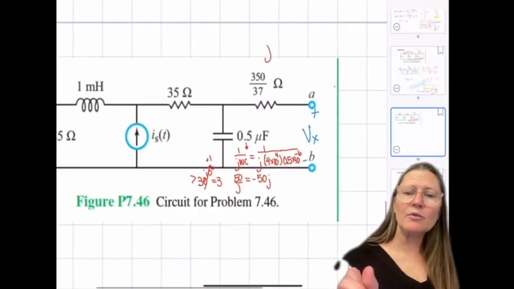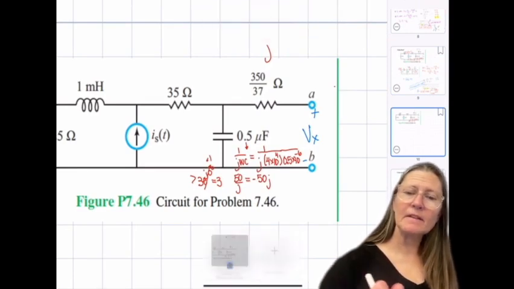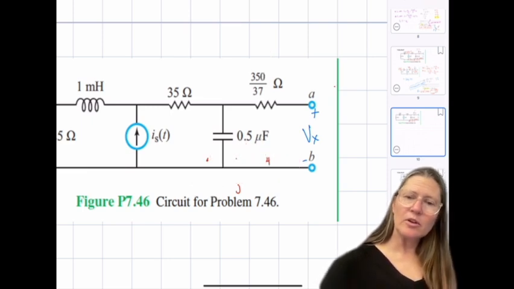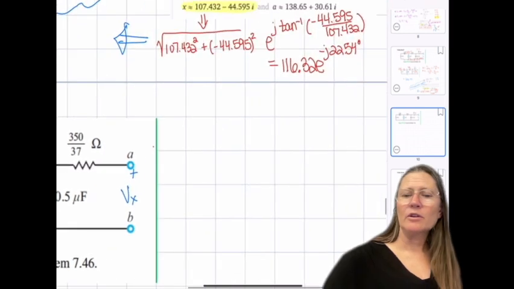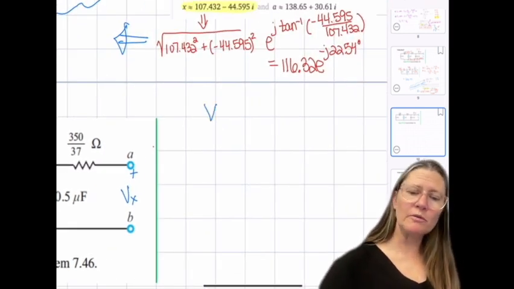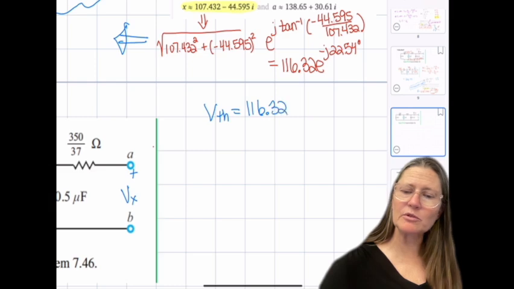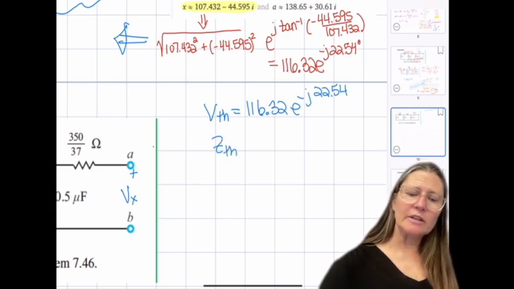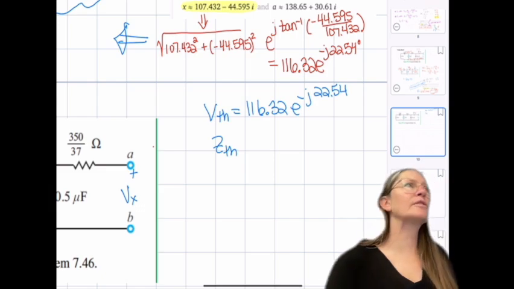We already found VTH of this. That's going to be what Vx is. So VTH in polar form is 116.32 e to the minus j 22.54. And now we call it an impedance, ZTH, instead.